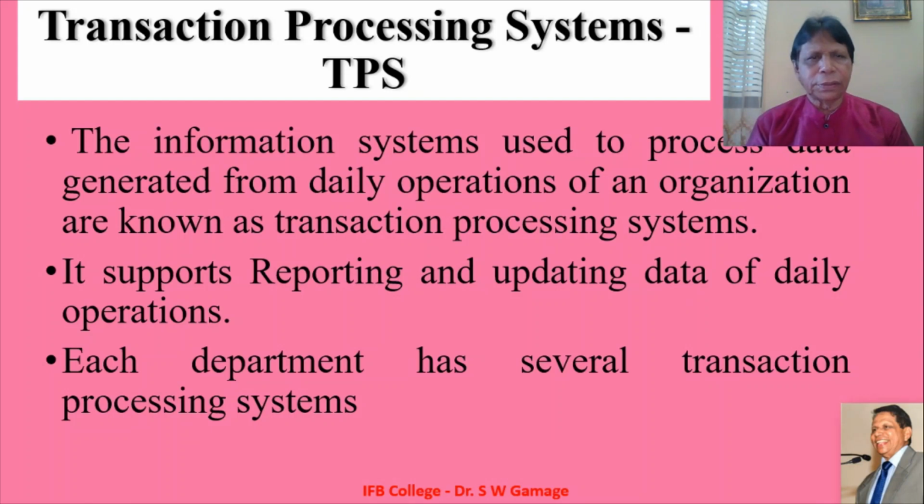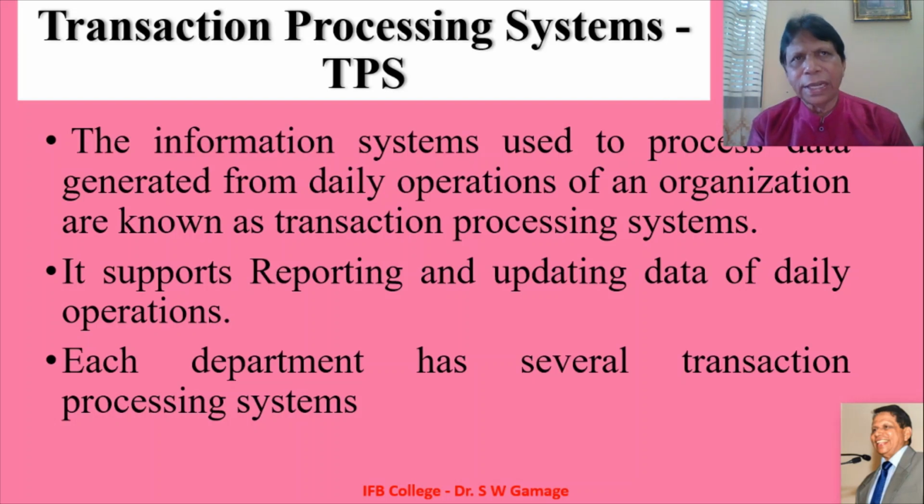The first information system is the transaction processing system. You have to understand this very carefully, TPS. This is, of course, the basic one. Now, if you think of a bank, the processing system is used to collect deposits, to do the payment of checks, right? And at the same time to collect sales orders.